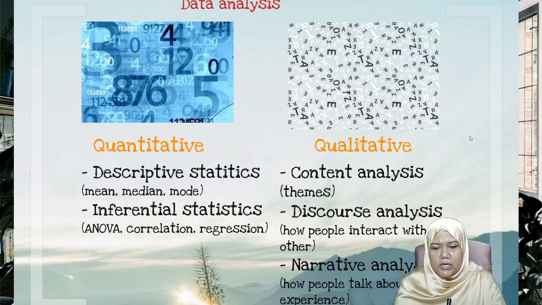You can also use discourse analysis, for example, where you observe how people interact with each other and then describe and analyze it. You can also use narrative analysis, analyzing how people talk about their experience. These data analyses are going to be explored more in the next course.